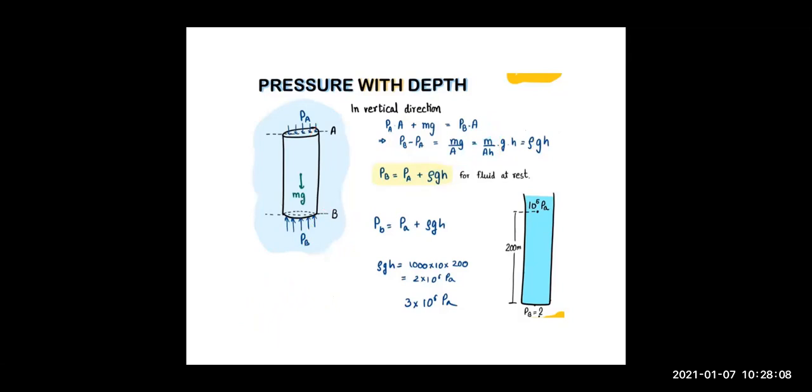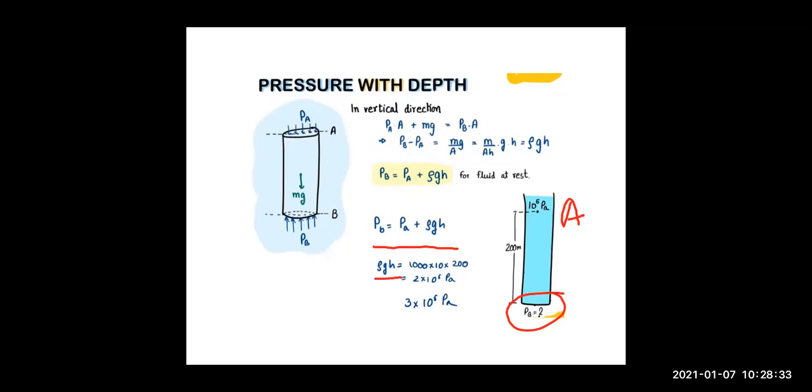Now here we are having a very short numerical, that this is some container given to you, and at this point A, the pressure is 10 to the power 6, and you have to find the pressure at B, and the height is given to you. So children, now you know PB equals PA plus rho gh, and it is water given to you, so we need to find rho gh.